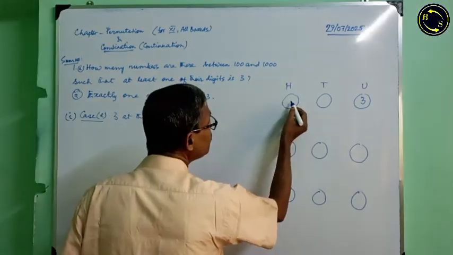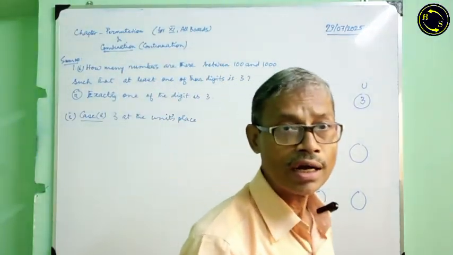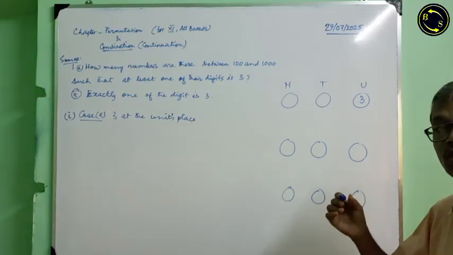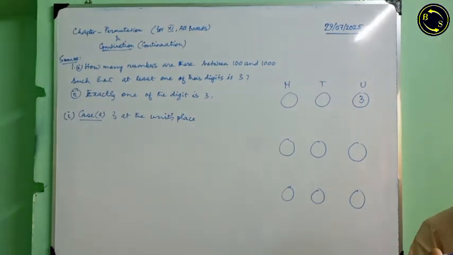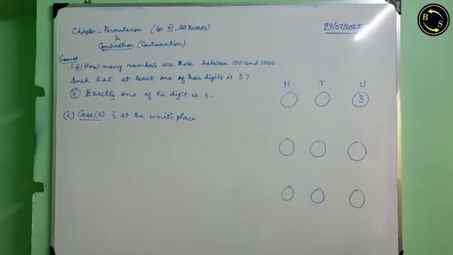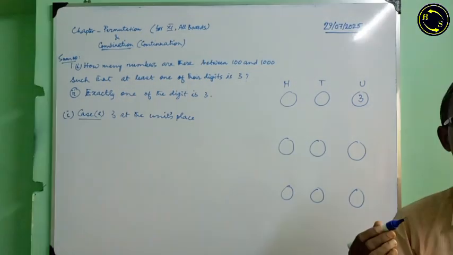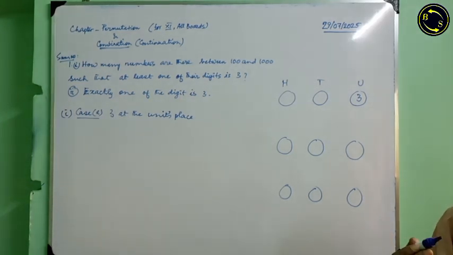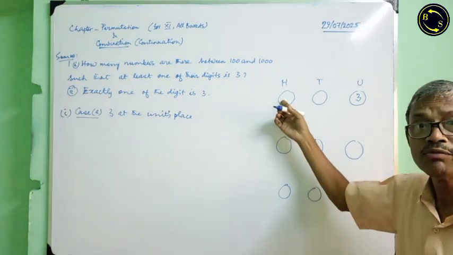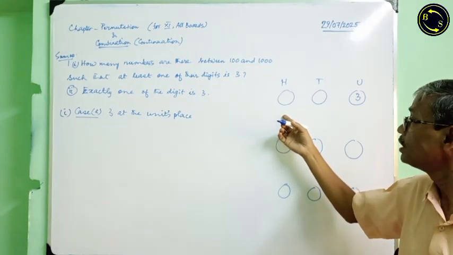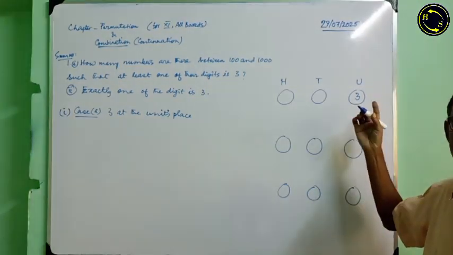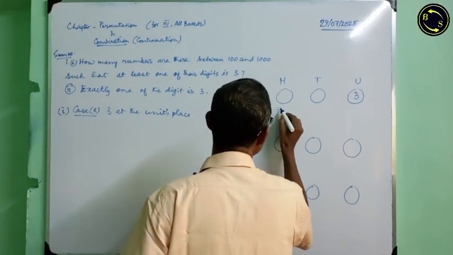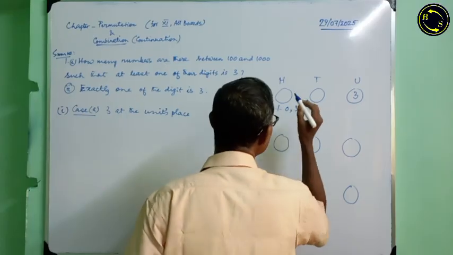Then this place, hundreds place, will be occupied by any of the 9 digits starting from 1 up to 9, except 3, and 0 cannot be placed here because in that case that will be 2-digit numbers. Therefore, I mark this not equal to 0, 3.